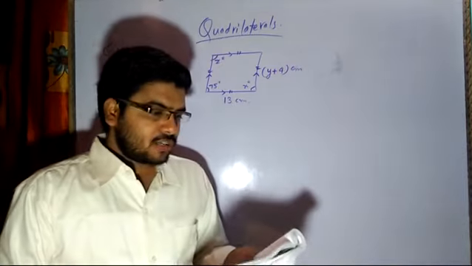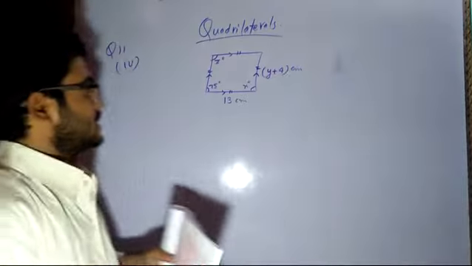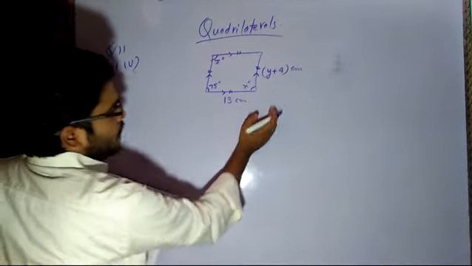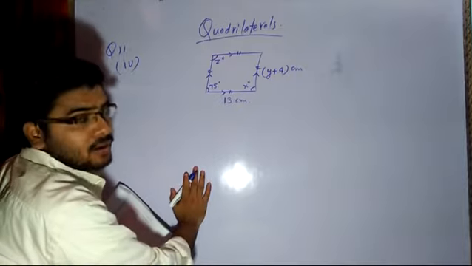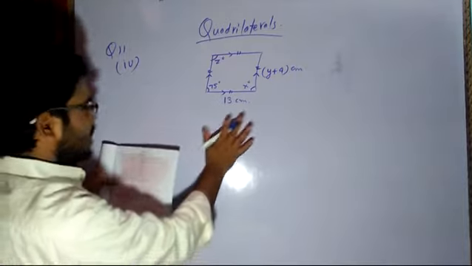Now we have to calculate the values of x, y, and z. We can see that all four sides are equal and parallel.